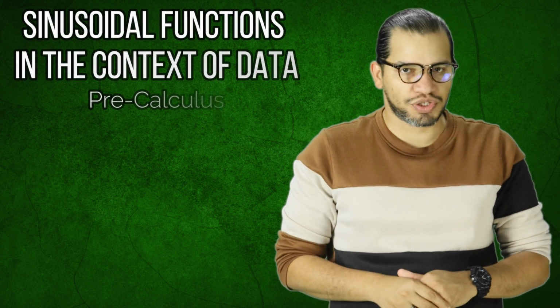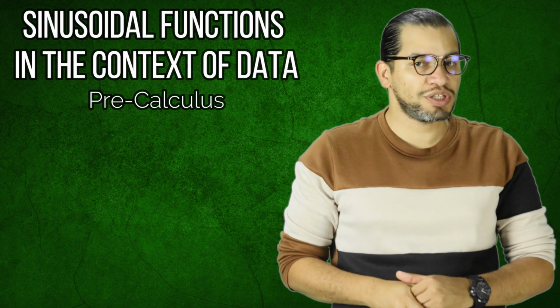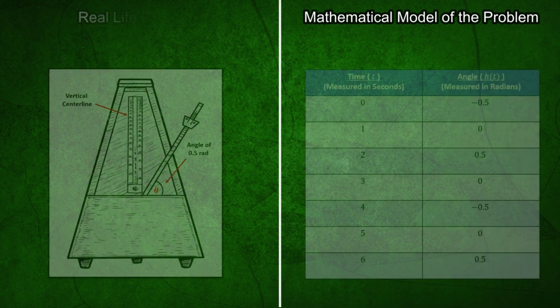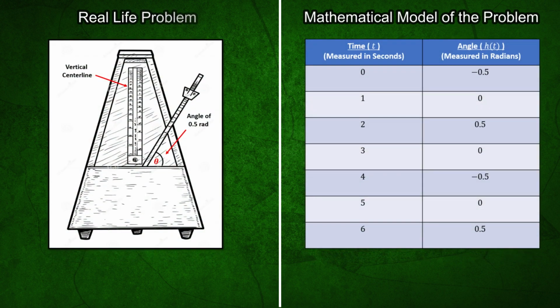In today's lesson, we're going to keep on working on sinusoidal functions, but in this case, we're going to do it in the context of data. The following table, time versus angle, represents the oscillation of a metronome's pendulum, where h of t is in radians.